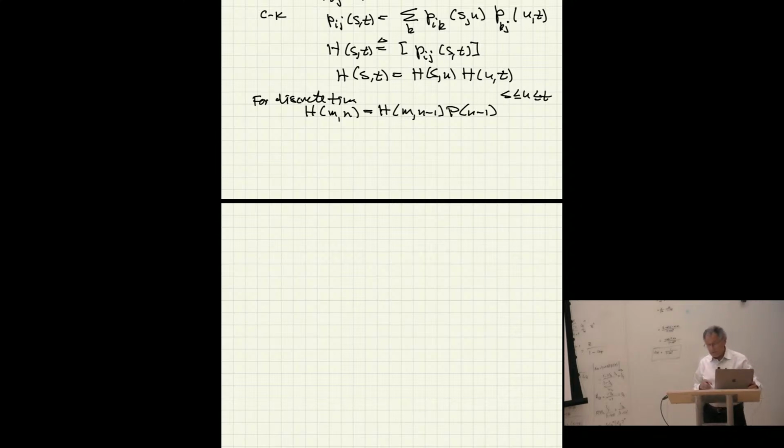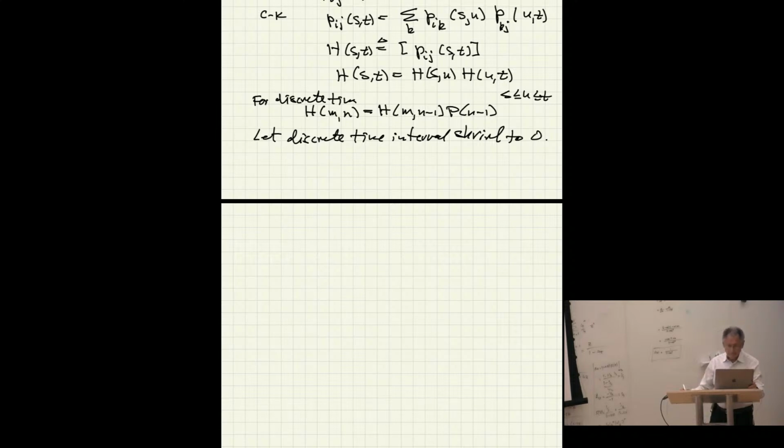For the continuous time, we're going to let the time between discrete time intervals shrink to 0. So basically, we want to let the discrete time interval shrink to 0. So let's start with the difference equation and let it shrink.